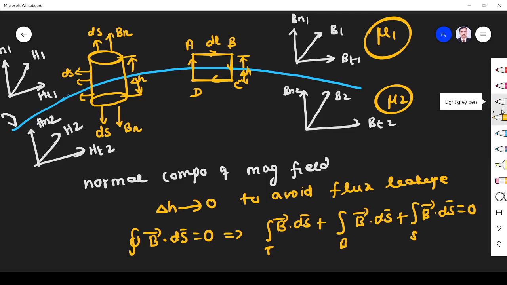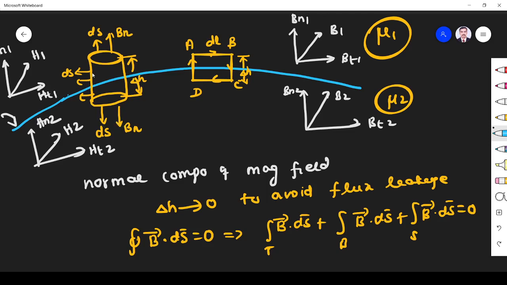Okay. So now you see, in the top we are going to take a dot product between B and ds, that is magnetic field and surface area. You will see in the top the magnetic field normal component is going this side, and ds, we know that always ds is outward normal, so it is perpendicular to the surface. Both are parallel. Similarly in the bottom surface also, B and ds are parallel.